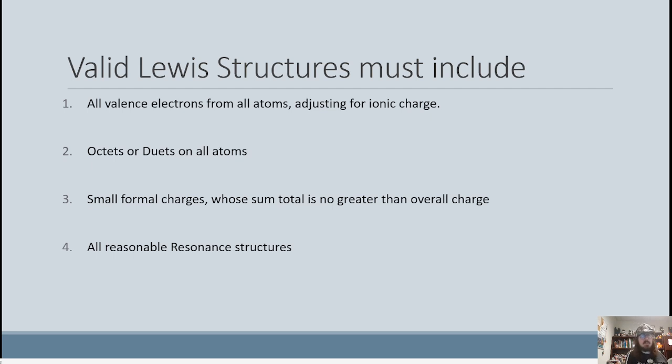All octets and duets on all atoms. It should have the smallest formal charges, whose sum should be no greater than the overall charge. And you should try to draw all reasonable resonance structures whenever available. But those are some rules to take into account when we're doing these.